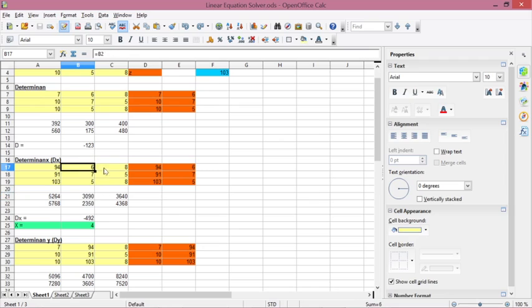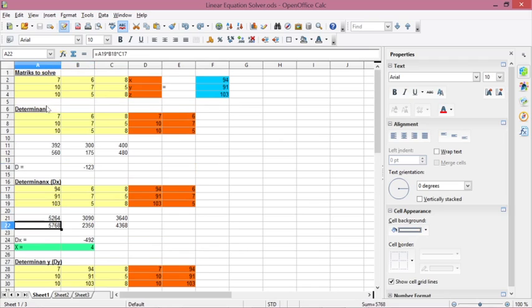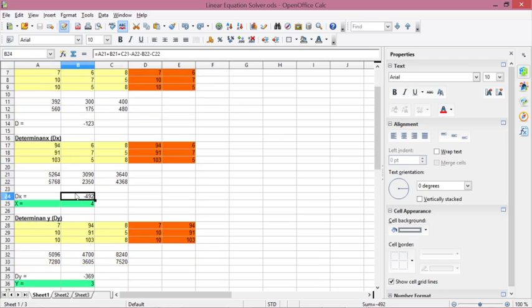Do the second diagonal also just like determinant, and then total it, plus plus plus and minus, and you get minus 492. The x is from dividing minus 492 with the d, minus 123, you get 4.